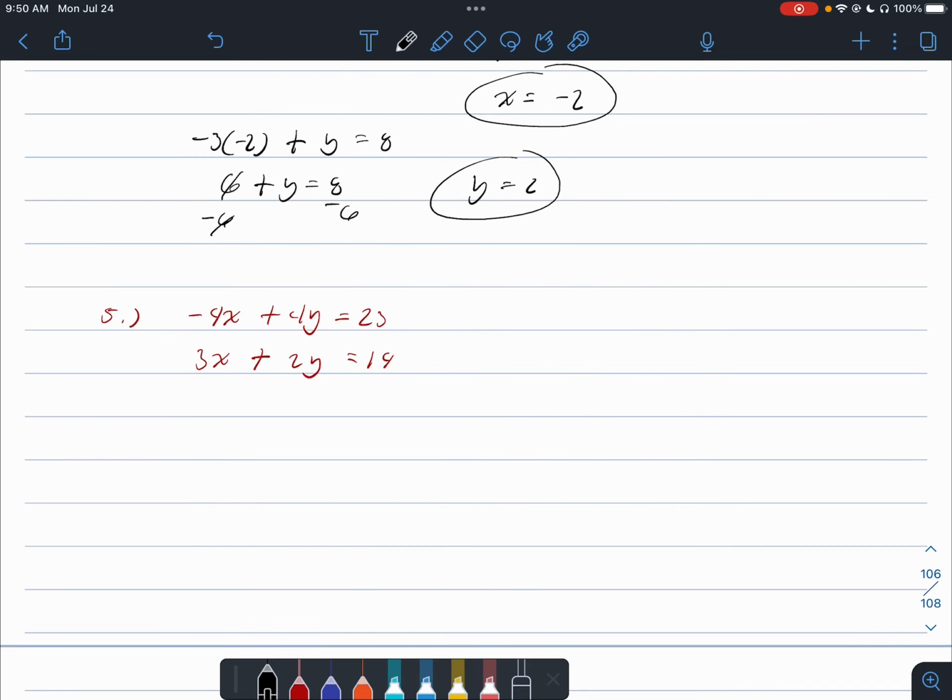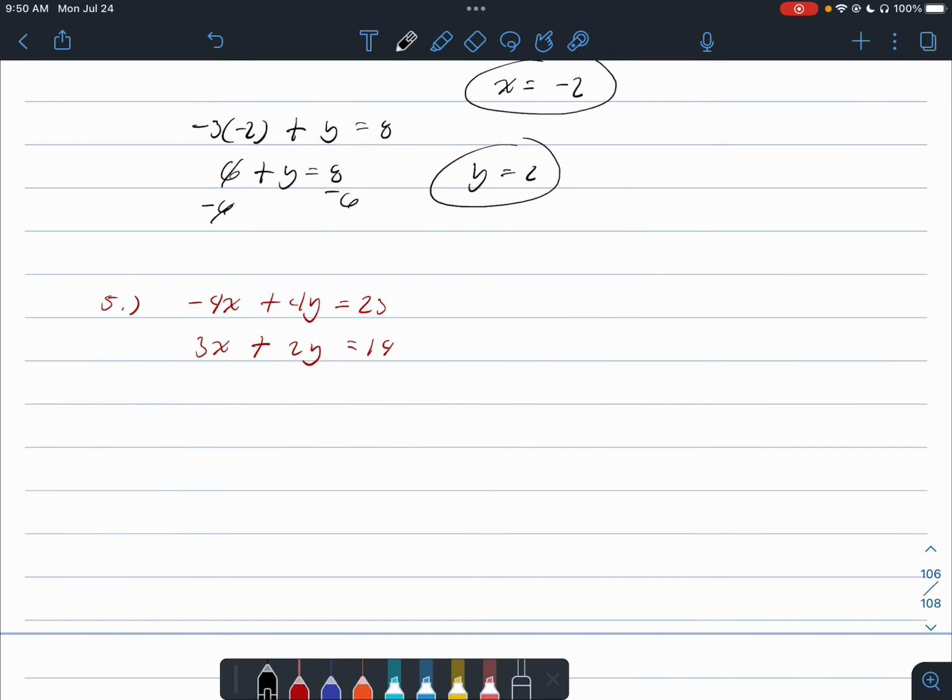So here we have negative 9x plus 4y is equal to 23, and then we have 3x plus 2y is equal to 19. So if we were to go ahead and multiply the bottom equation here by 3, what we'll have is a new system here.